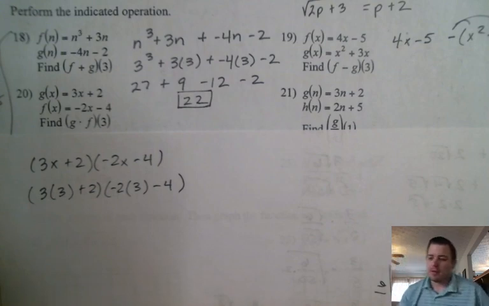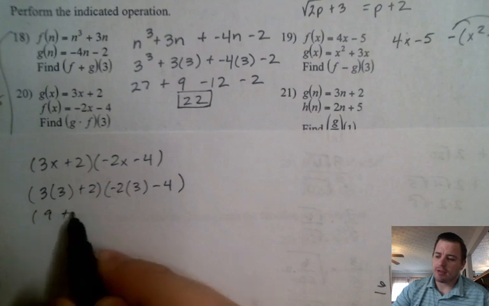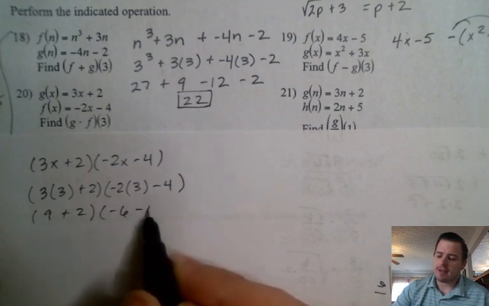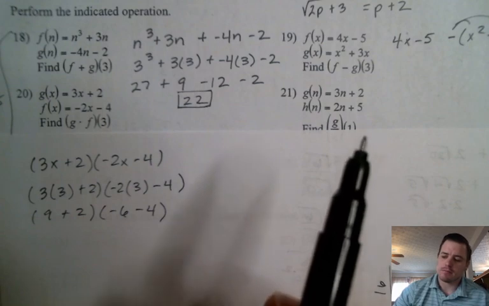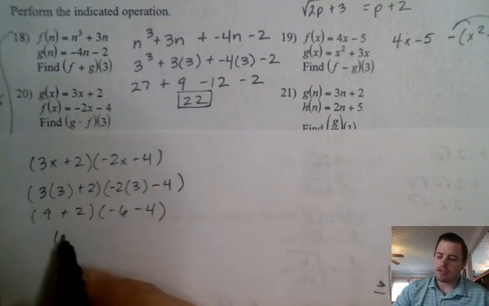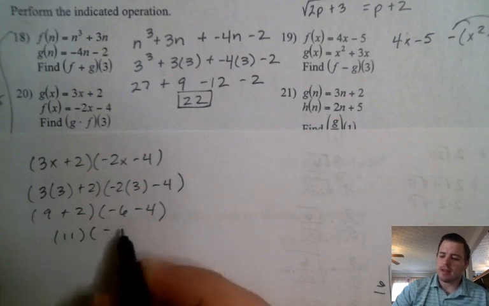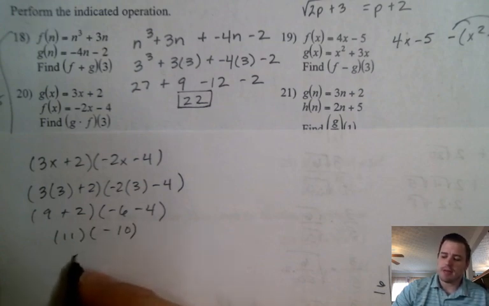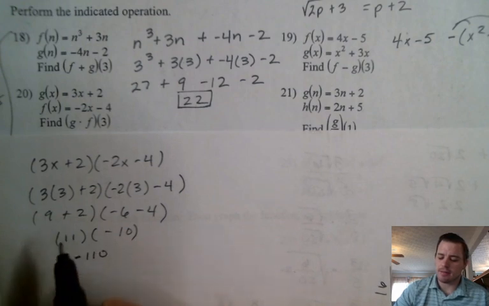All right. From there, I get 9 plus 2 and negative 6 minus 4. Nine plus 2 is 11. Negative 6 minus 4 is negative 10. I get negative 110.